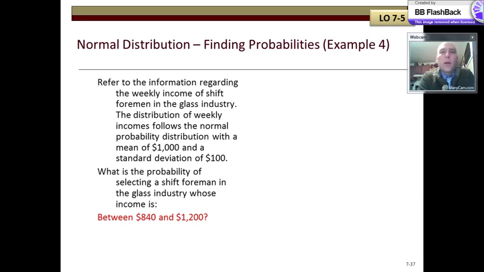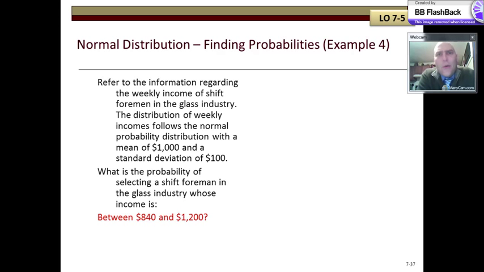Example number 4. Still working with the same data set. The mean is still 1,000. The standard deviation is still 100. In this case, I want to find what's the probability of selecting someone who makes between $840 and $1,200. The first thing I notice about this range is that it doesn't bookend at the mean.